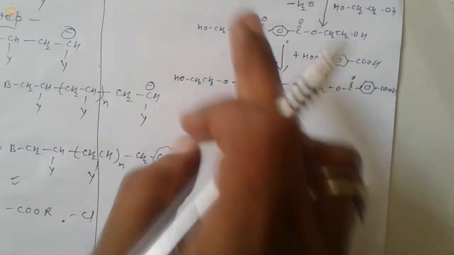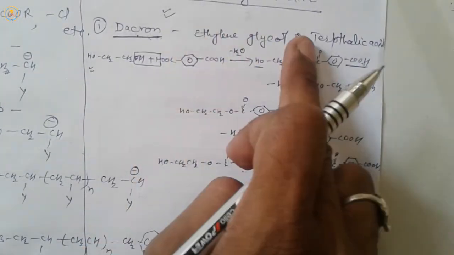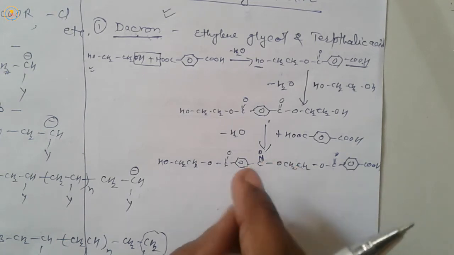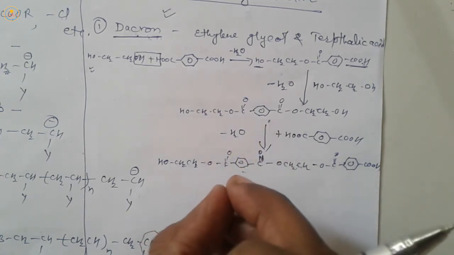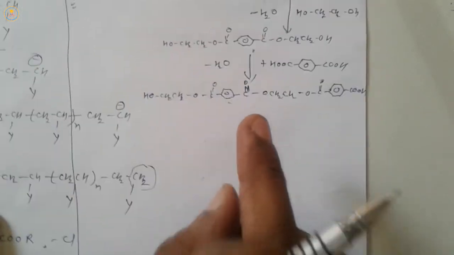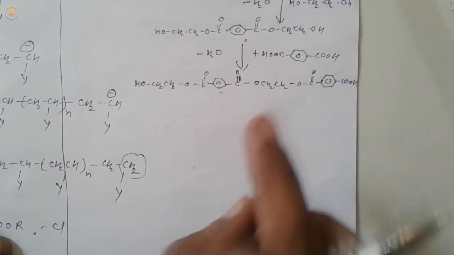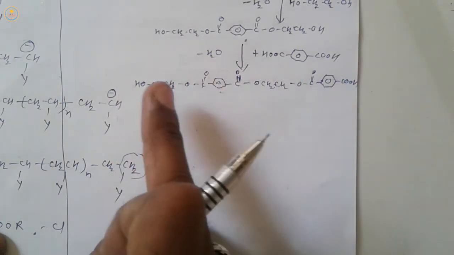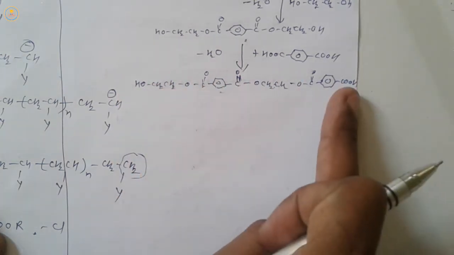This reaction is completed in many steps, and the product of every step is a species having a bifunctional group.